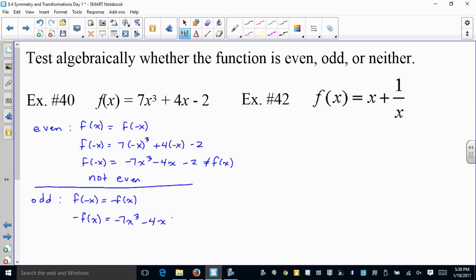And it failed again. It does not equal f of negative x, which is this guy up here. And it fails at the 2. Negative 2 plus 2. Not odd. Therefore, it is neither. But notice we didn't get even, so we had to check for odd. So let's go ahead and highlight that answer.